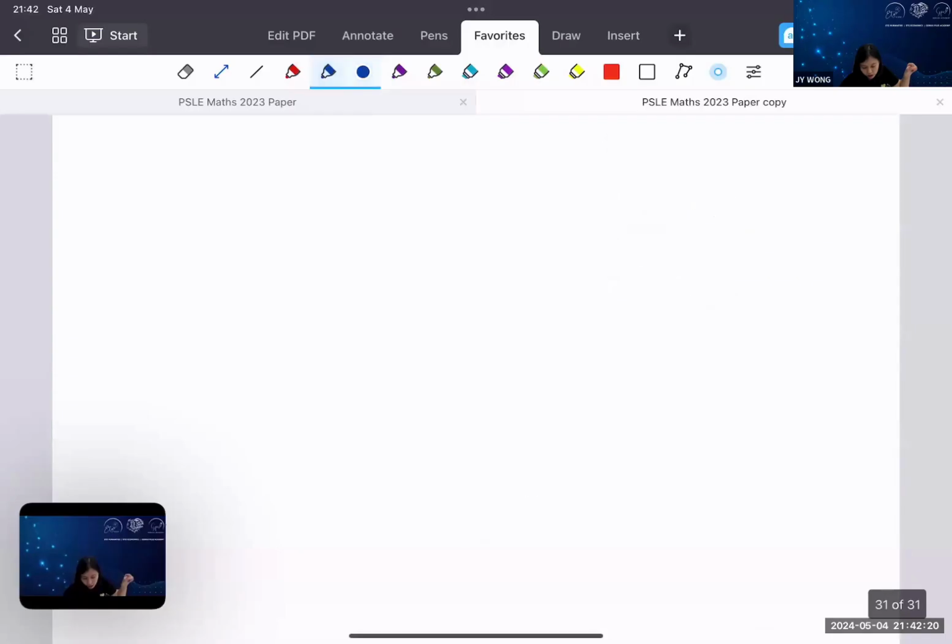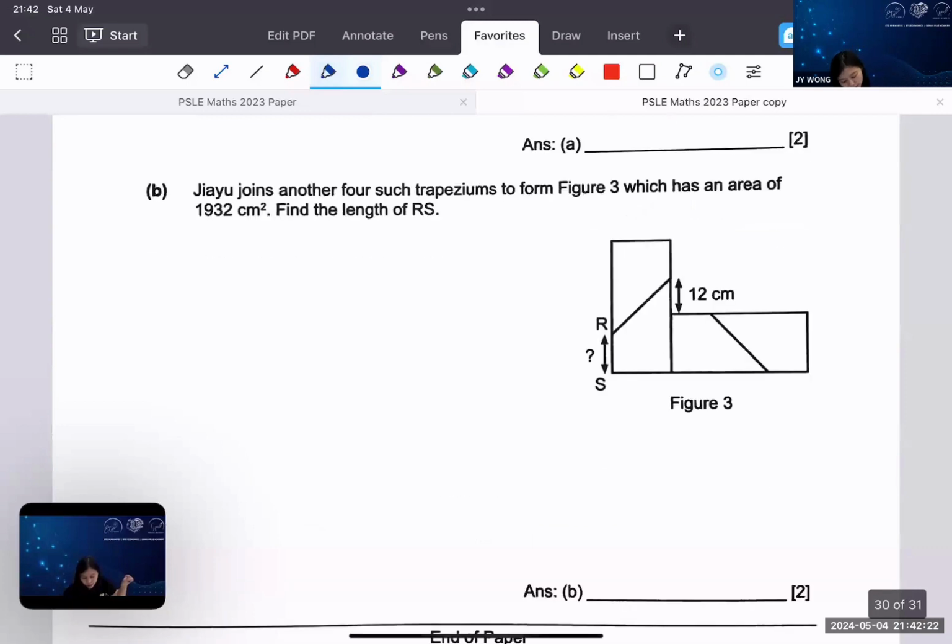Okay, last question here. Jiayu joins another 4 trapeziums to form figure 3. So we know that this part here, we already found out the answer. What is the answer? We know from here to here is 21 cm. From here to here is 21 cm.